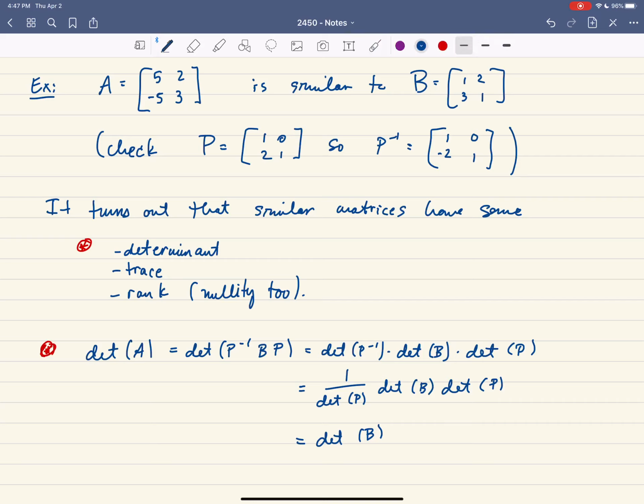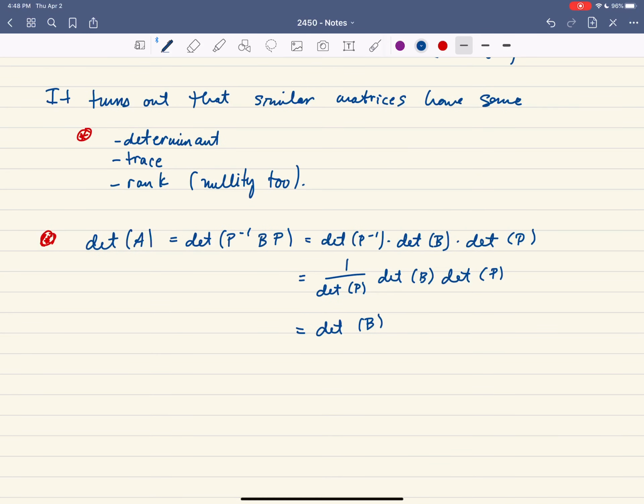One more property that I just want to share here. If I were to look at powers of similar matrices, so if A is equal to P inverse times B times P, and if I were to look at, say, A squared, what would happen? That would be P inverse times B times P times itself, P inverse times B times P. And notice that because of the associativity of matrix multiplication, I can undo the order of the products.